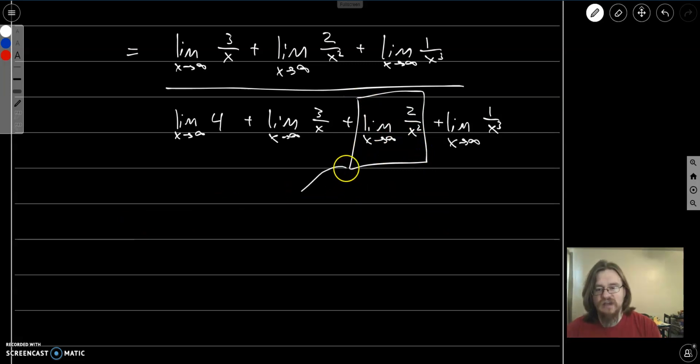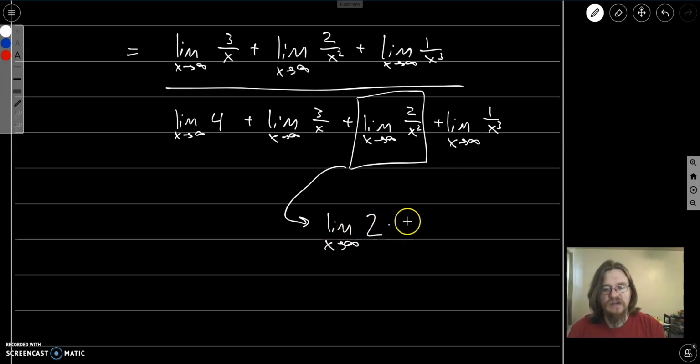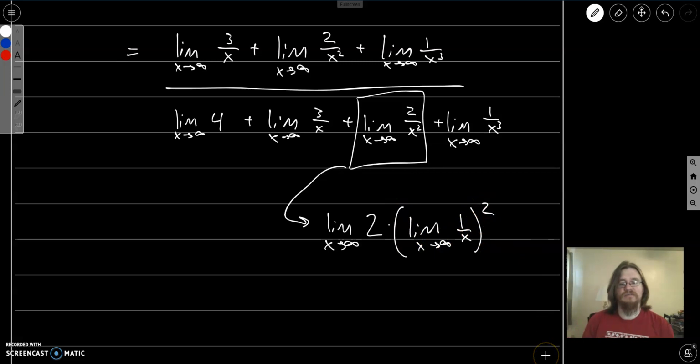Just as an aside, I have the limit of 2 over x squared. So this is going to be the limit as x approaches infinity of 2 times the limit as x approaches infinity of 1 over x squared.